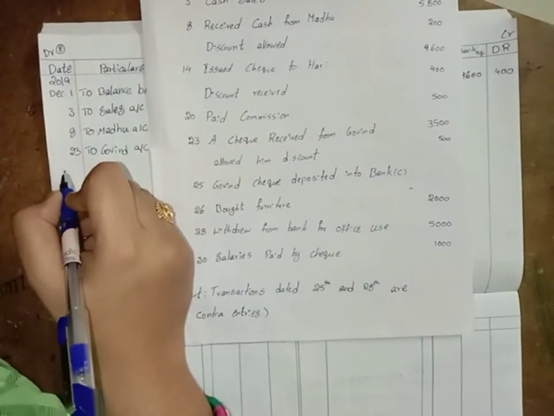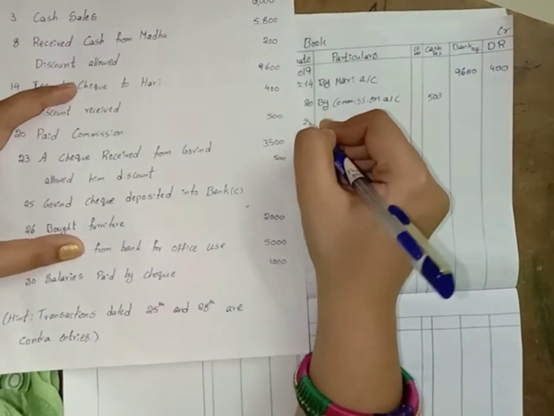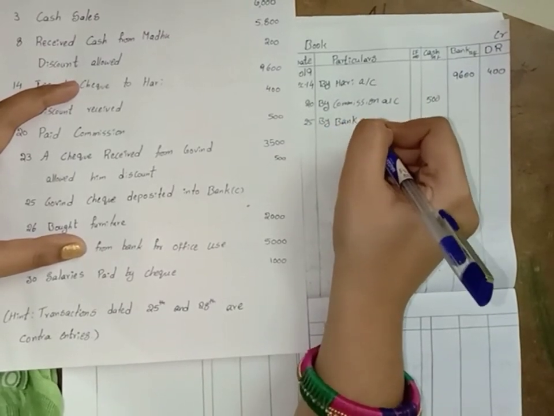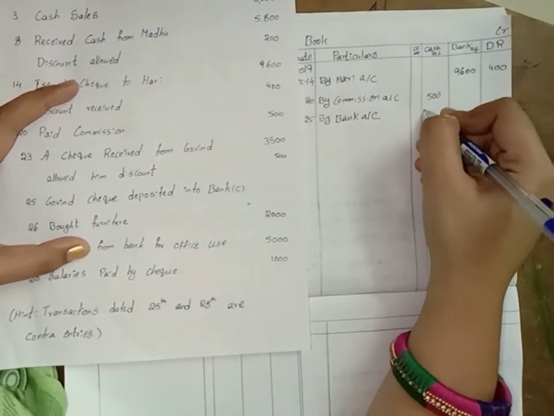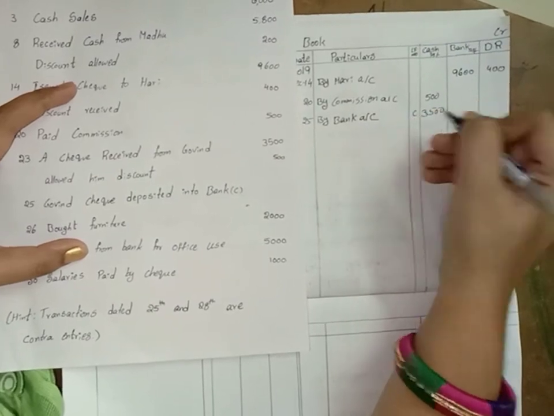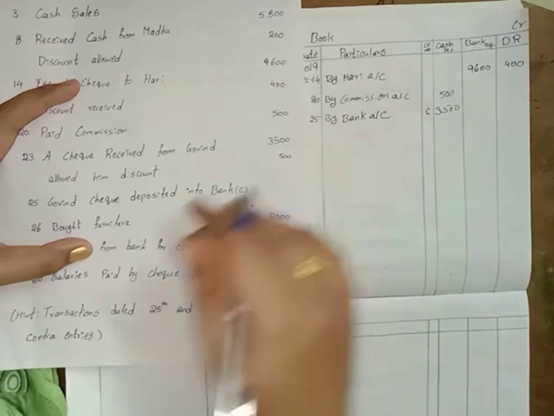So first on 25th, by bank account, we have to write it in cash column 3,500. This is a contra entry. We have to write C in LF number column.